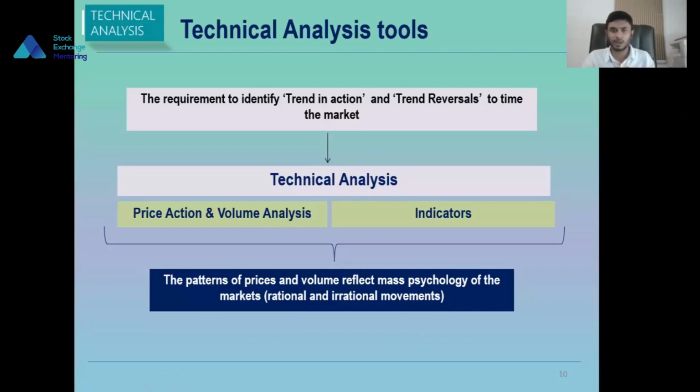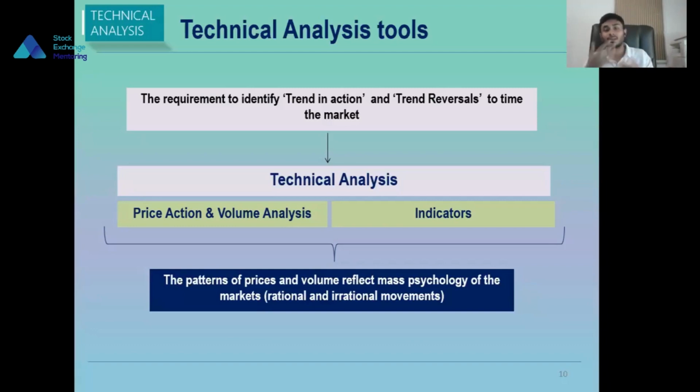That is the mass market behavior. If you don't understand that and take your investment decisions without considering those mass market movements, it could be an irrational movement. Yes, it is fundamentally justified that the price should go up, but sometimes, because of an irrational reason, the market can go against you.